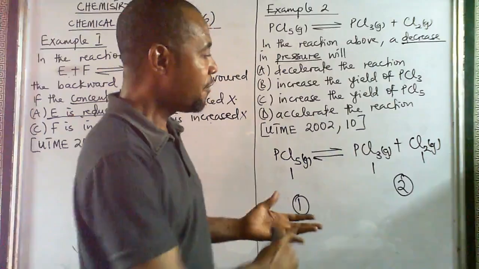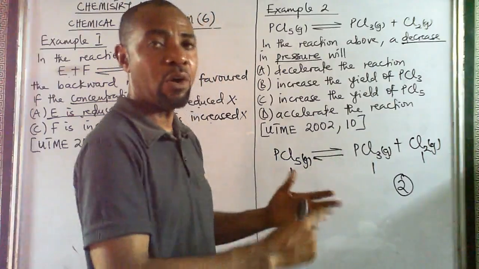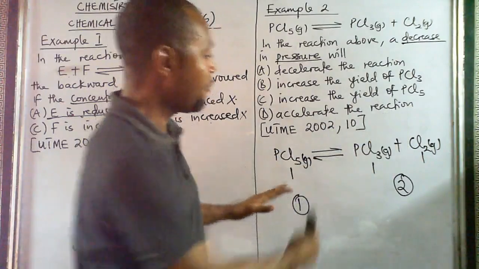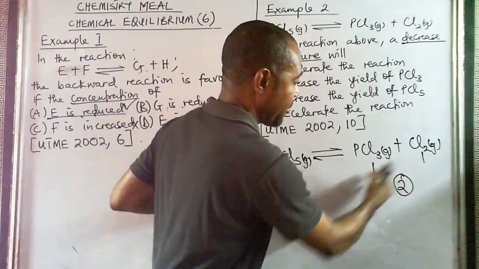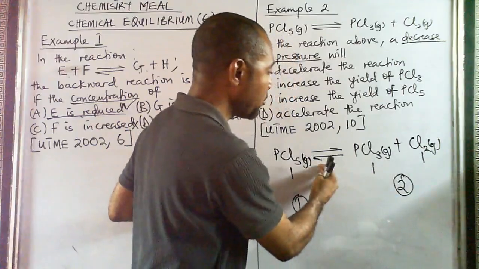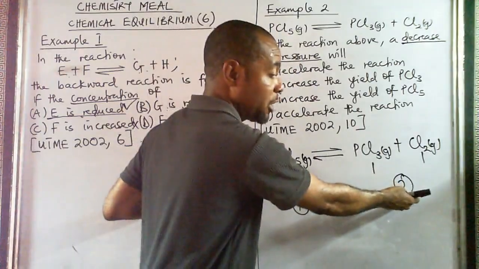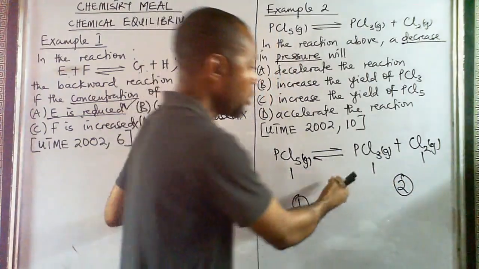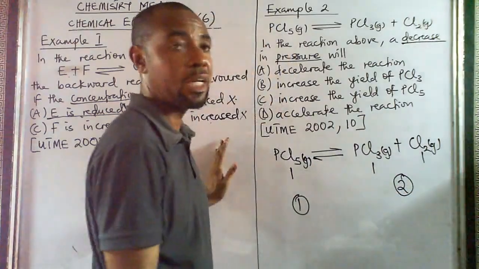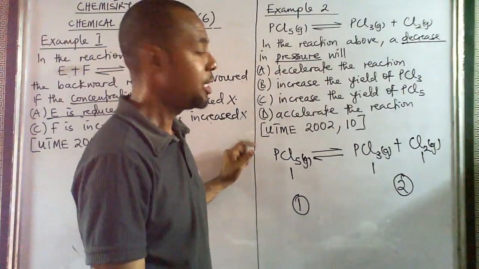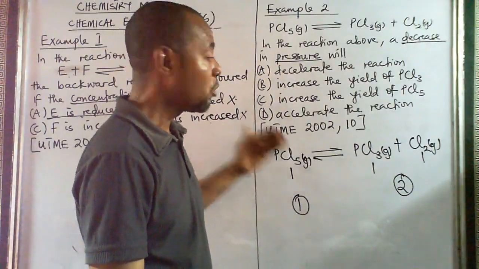If a side is favored, it means the equilibrium position will shift to that side. So if the right-hand side is favored, the equilibrium position will shift to the right, because this is the side with more moles. That is still not in the options.